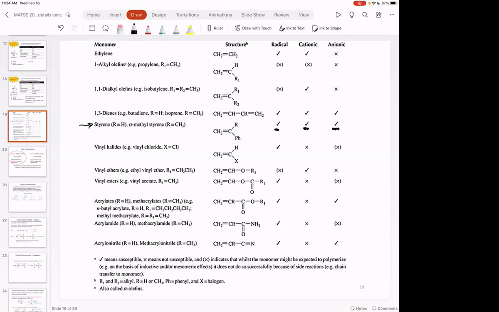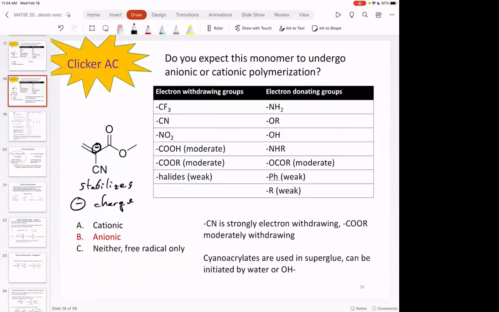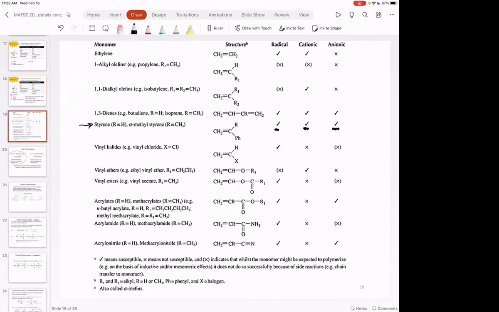Not all monomers, of course, go by all three mechanisms. We have acrylonitrile here, which of course has that very strong electron withdrawing group on it. And so in general, it's going to go by anionic polymerization because it stabilizes that charge. And I don't know if acrylonitrile is in here. Right here. Here's acrylonitrile. It will do radical.